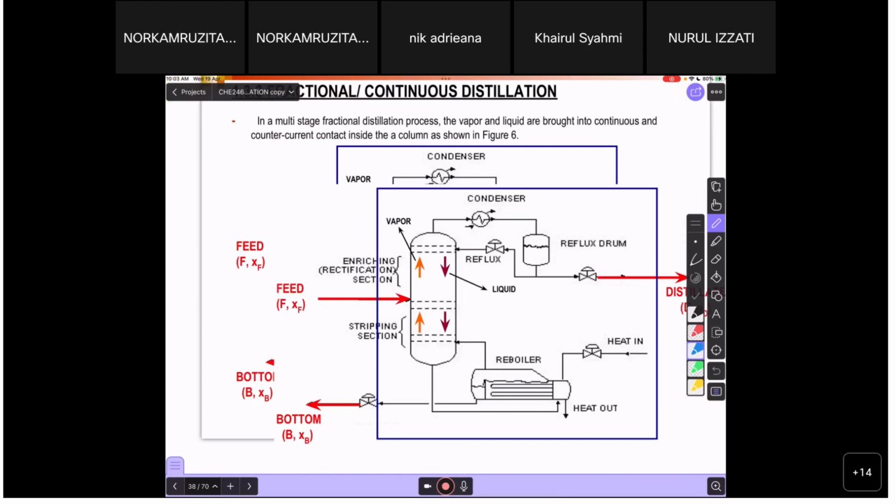You get the enriching operating line above the feed. This section is called the enriching section.